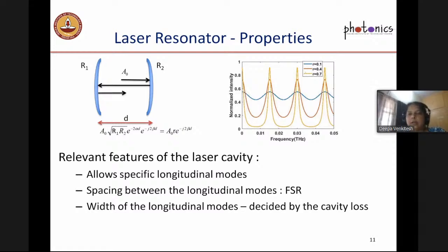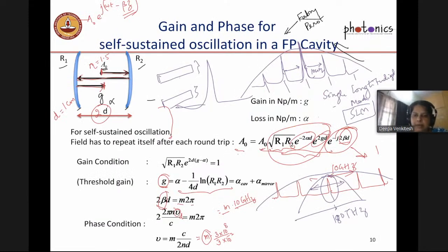This plot here actually shows, as in the previous diagram, where I was just showing that these are the allowed longitudinal modes of the cavity. Now, the question is, what is the width of these modes, right? Are these modes delta functions, or are these modes wide?